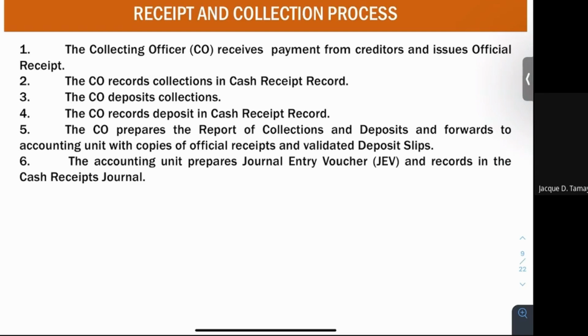Number 5, the collecting officer prepares a report of collections and deposits and forwards it to the accounting unit with copies of original receipts and validated deposit slips. Actually, aside from that, the collecting officer will also forward that to the COA for auditing. And lastly, the accounting unit prepares a journal entry voucher and records it in the cash receipts journal.